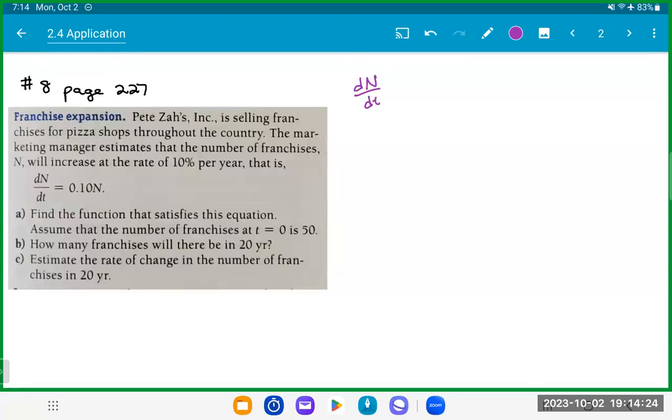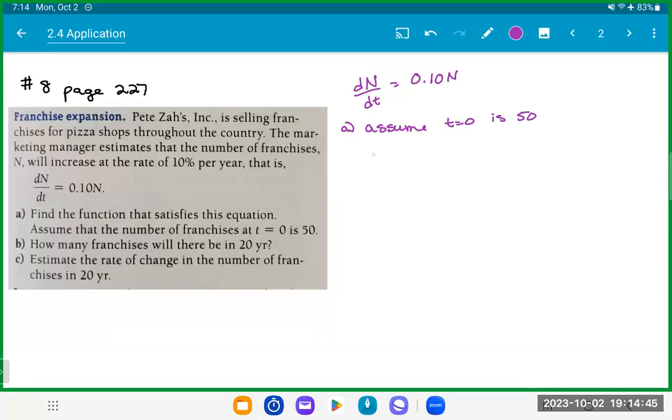Okay. So for this one, we were given that dN/dt is equal to 0.10 times N. So we want to find the function. In part A, we're finding the function. We first have to assume that N at t equals 0 is 50, right? That was something that we were given.